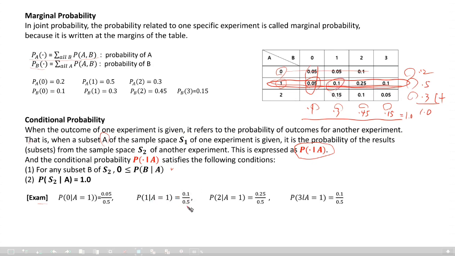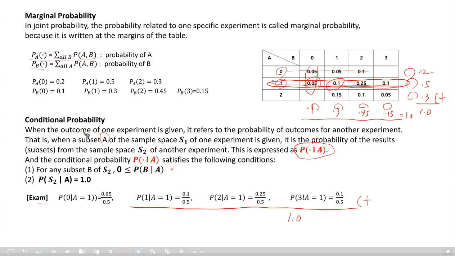So 0.1 over 0.5, something like this. What is the sum of these? It should be 1.0, because it is a probability. Even though the conditional is restricted, the sum of probability should be equal to 1.0.